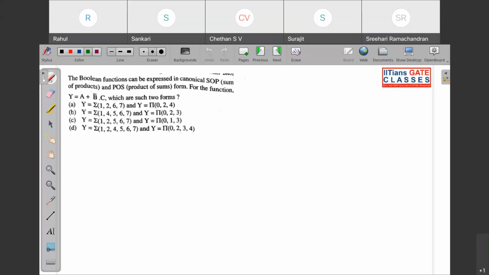The Boolean function can be expressed in canonical SOP and POS form for the function y is equal to a plus b complement c. Which are the two forms? Tell us the max term and min term. So this is very, very simple.